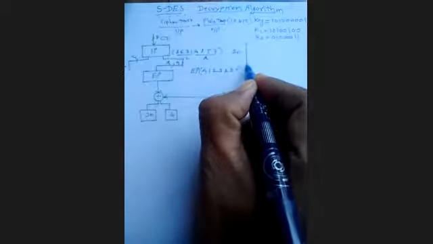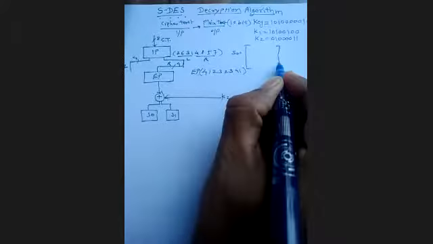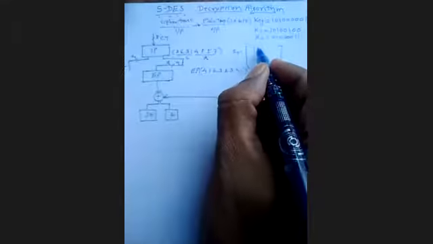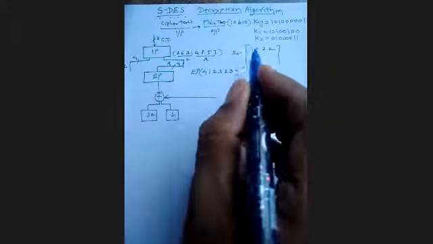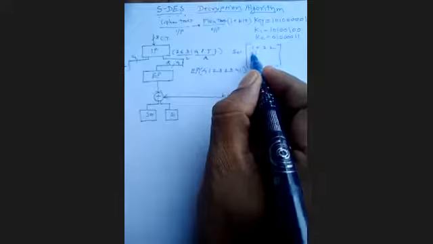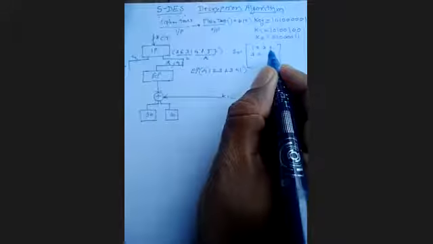So what are the S0 and S1 matrices? I am writing them over here, a little bit shifted to this side. What is the value of S0? What contents am I writing here? S0 has 1032 as the first row, and the second row 3210.